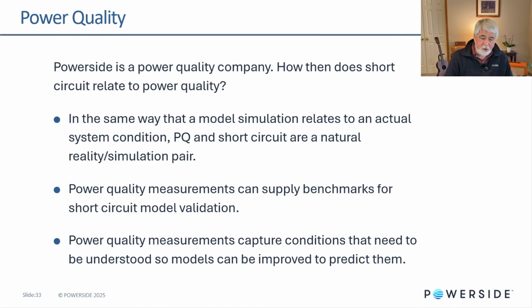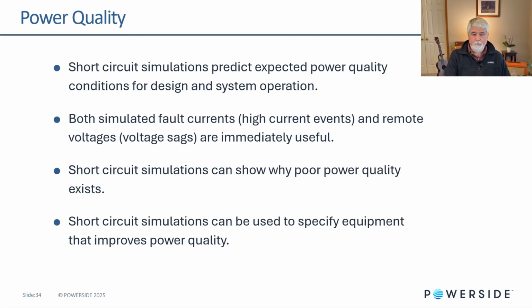Power quality measurements capture conditions that need to be understood so models can be improved to predict them. So we want to use the predictive nature of our models here, but how do we make sure the model is good enough? Well, we capture those conditions and then we can improve our model. Short circuit simulations predict expected power quality conditions for design and system operation.